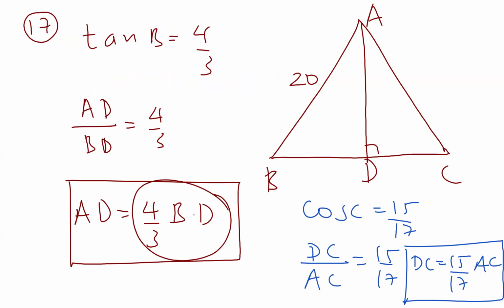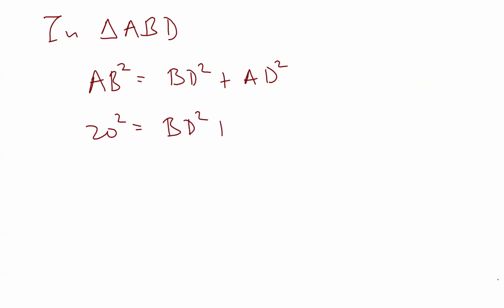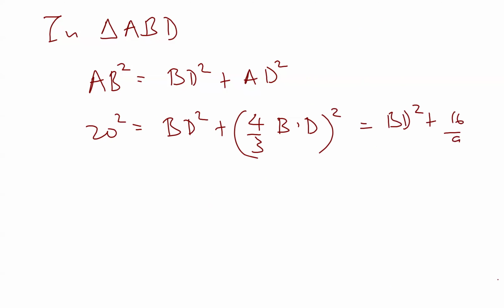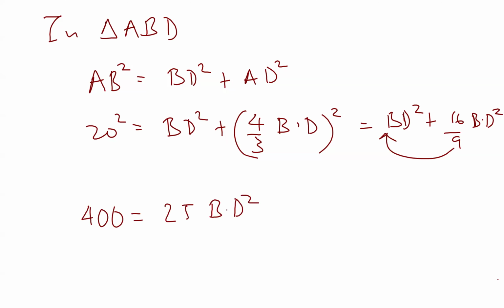AD is equal to 4 by 3 BD, so I'll keep BD as it is and replace AD with 4 by 3 BD. So this is BD square plus 16 upon 9 BD square. Take LCM: 9 plus 16, that is 25 BD square upon 9. So when you calculate this, BD square is equal to 400 into 9 upon 25.